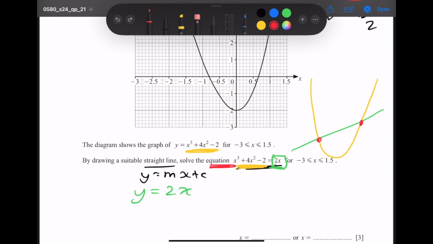So x cubed plus 4x squared minus 2 is equal to 2x. The values of x and the values of y are both the same. So you have to draw the line y is equal to 2x.